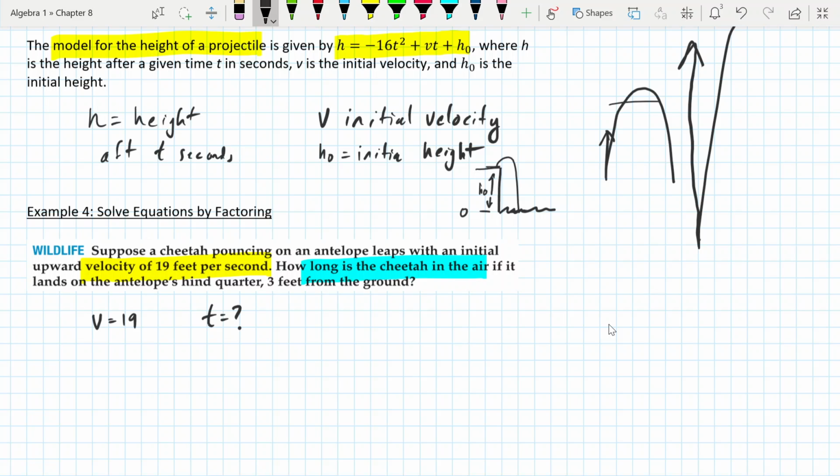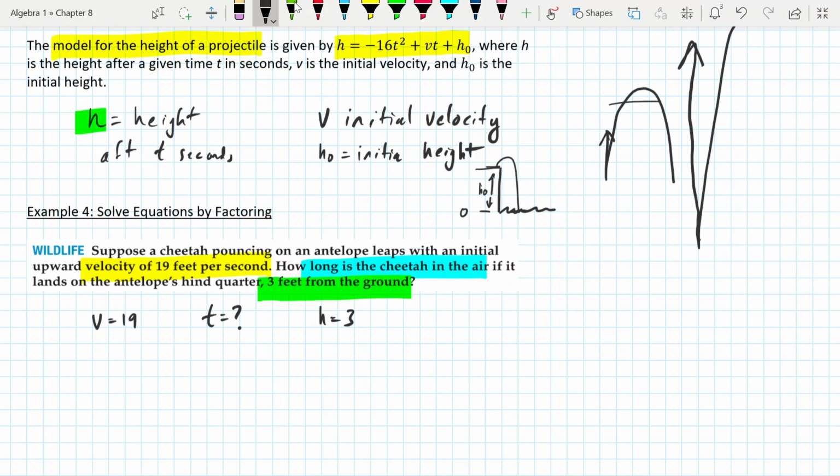If it lands on the antelope's hindquarters 3 feet from the ground, what's interesting about this is when it lands, that's actually the h, the height. What's the initial height?